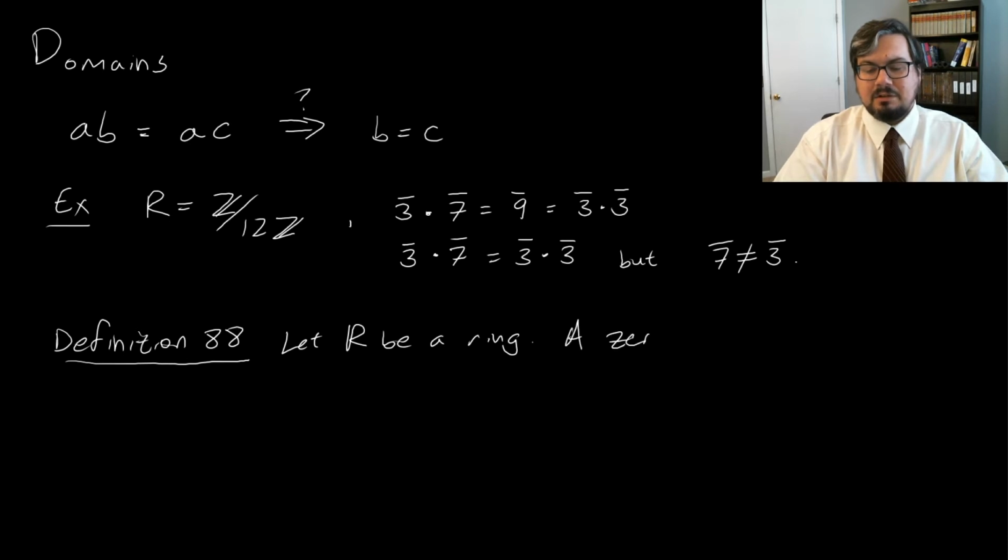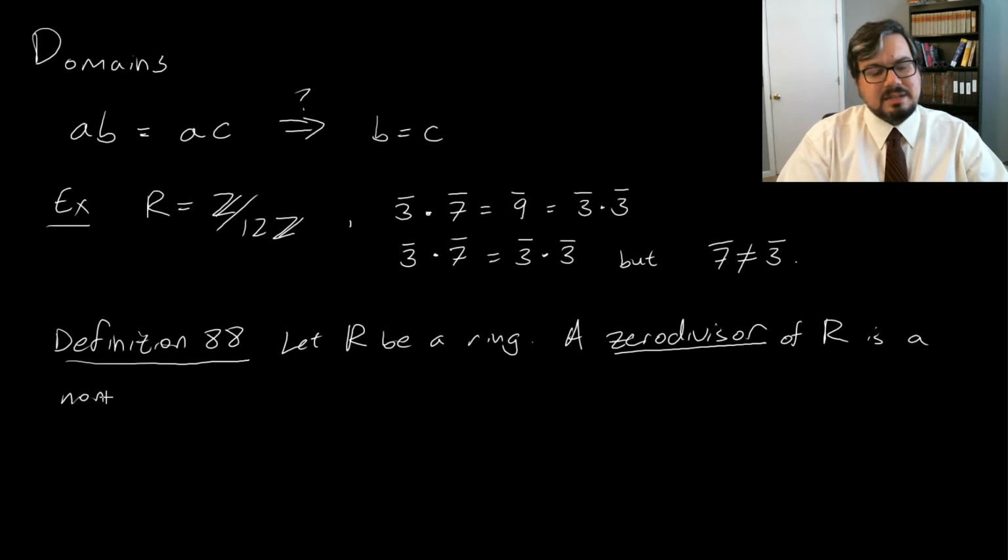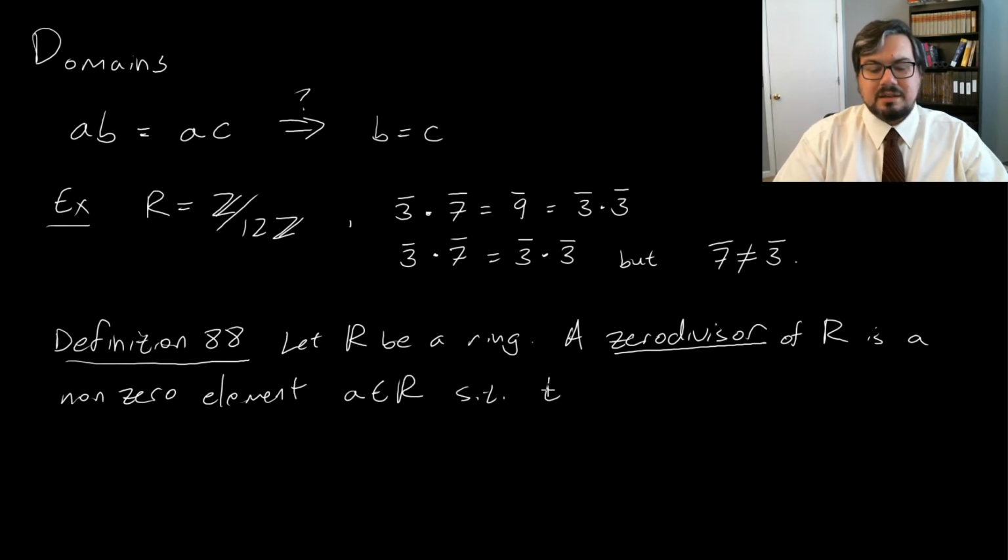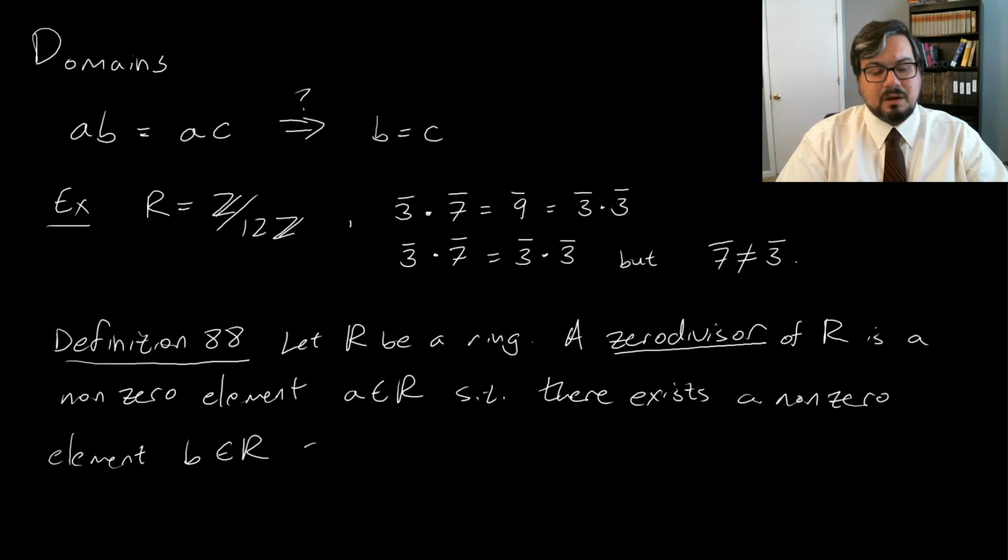A zero divisor of R is a non-zero element A belonging to R such that there exists another non-zero element B belonging to R such that A times B equals 0.